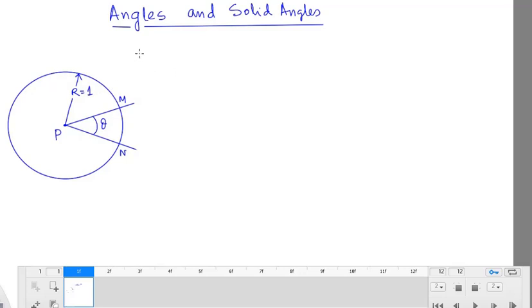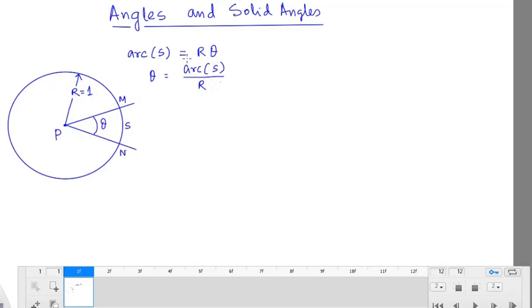So we know this arc S is equal to r times theta. Fine. So what is theta? Theta is arc S divided by r.